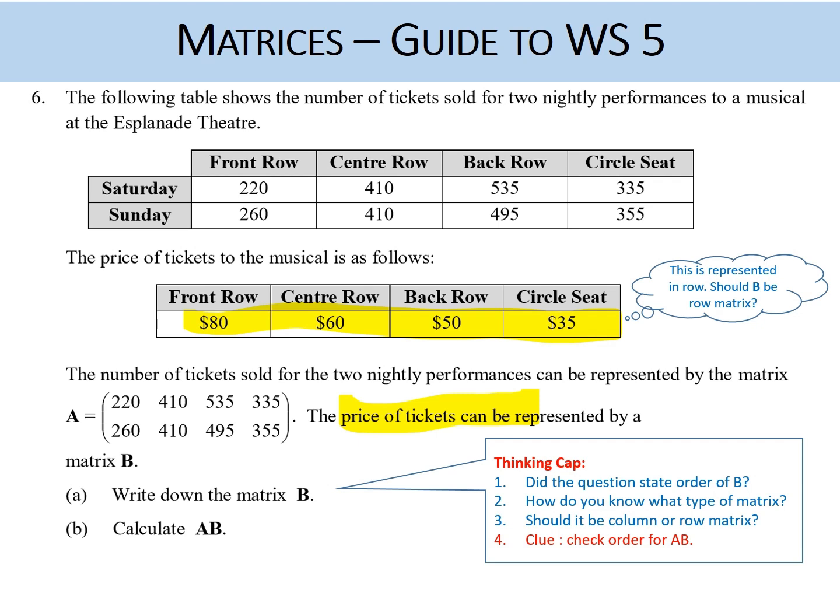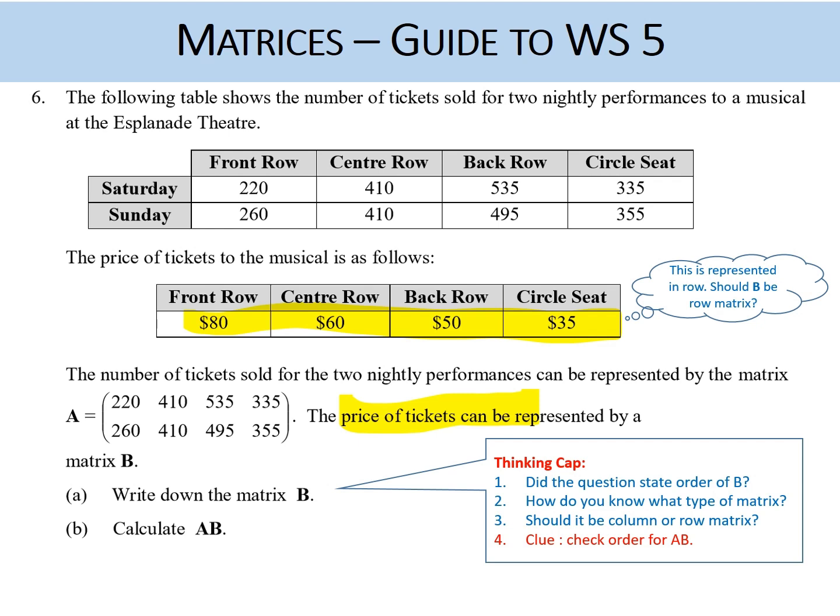So if I'm going to multiply A times B, what should the order for matrix B be? Ask the following question: did the question state the order of B? No, it didn't. So how do you know what type of matrix it should be, column or row matrix? The clue is to check the order for AB.